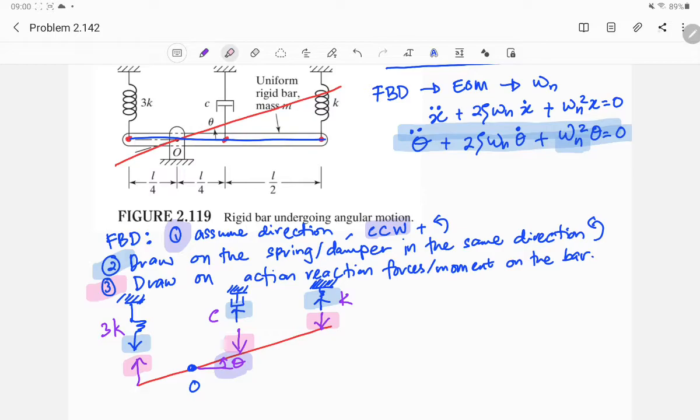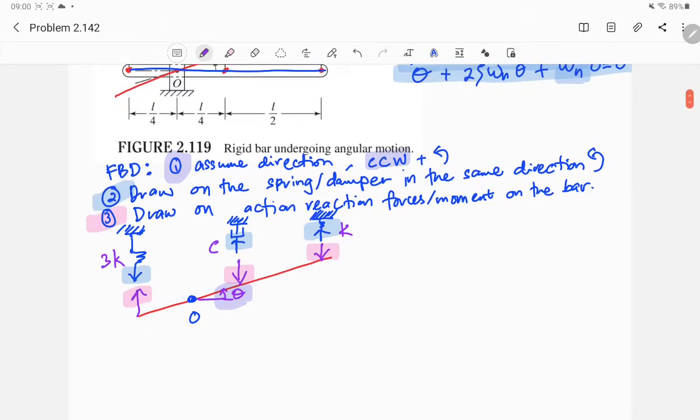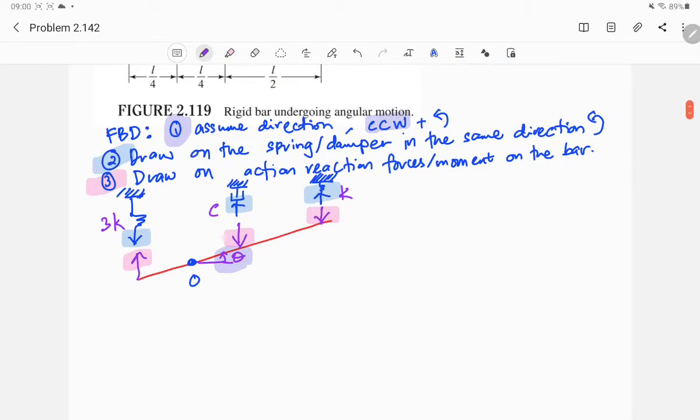Okay, now you want to write your EOM after you've finished with your free body diagram. You are just concentrating on the mass, so you do not need to think of the rest.